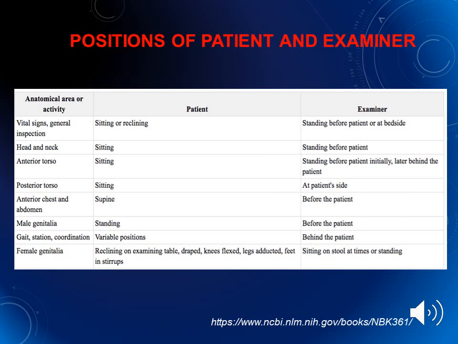It is wise to arrange for quiet and privacy, sometimes darkening of the room, and comfort of the patient and examiner. In this table, you see the different positions for patient and examiner depending on anatomical area or activity.